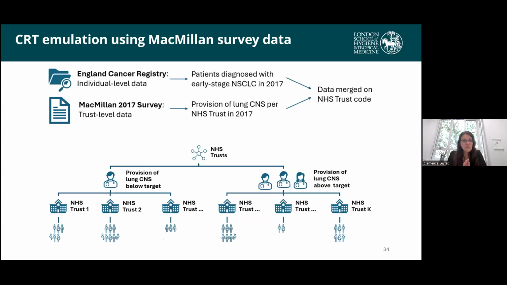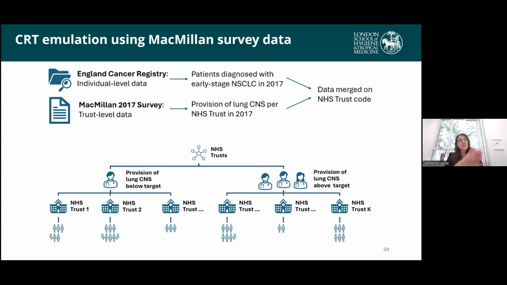So, of course, we couldn't do a trial to answer this question. So we used England Cancer Registry data, which contains individual level data on patients diagnosed with lung cancer. And we focused on 2017 because in 2017, Macmillan, which is a cancer charity in the UK, did a survey asking NHS Trusts to describe all the available posts of cancer nurse specialists within the trust.